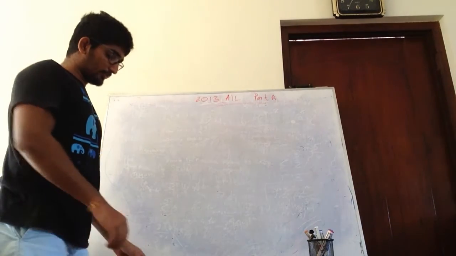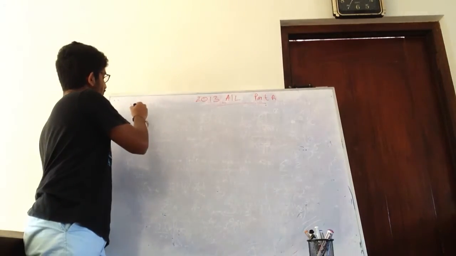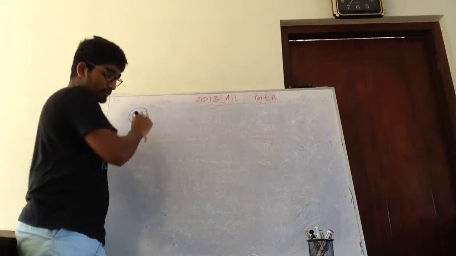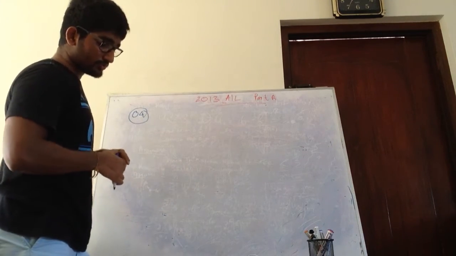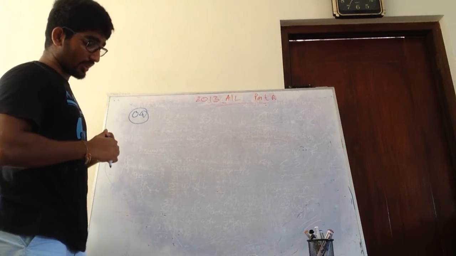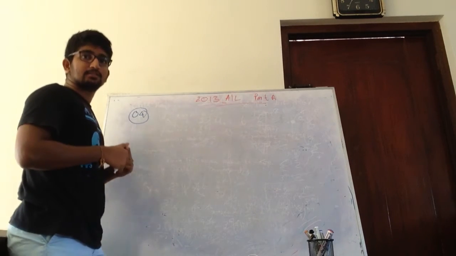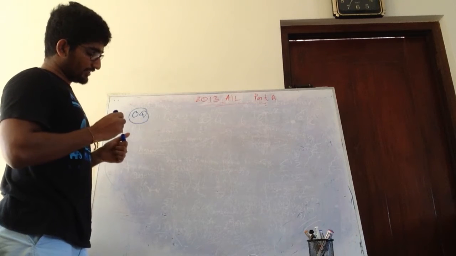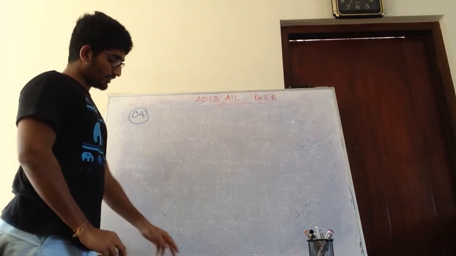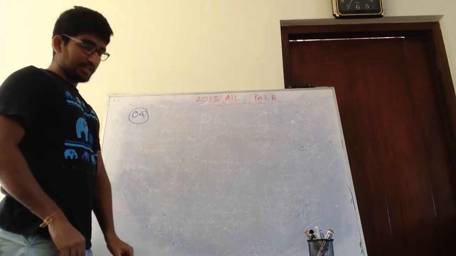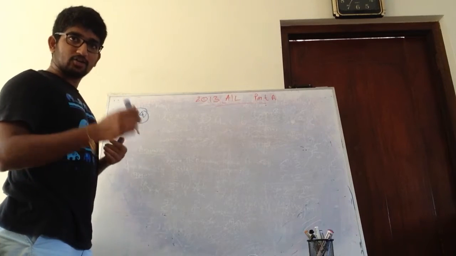Right, so let's come to question number 4. In question number 4, this is a binomial expansion, correct? So now, how do we expand using binomial expansion?